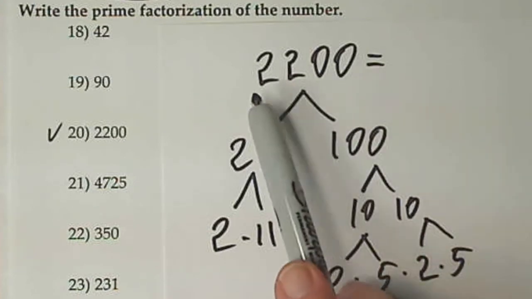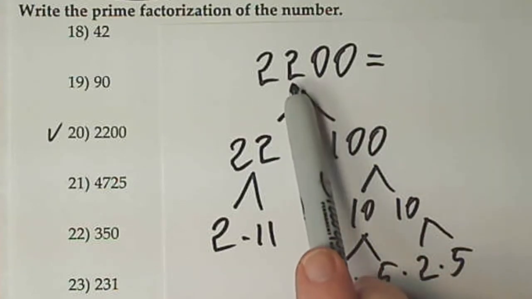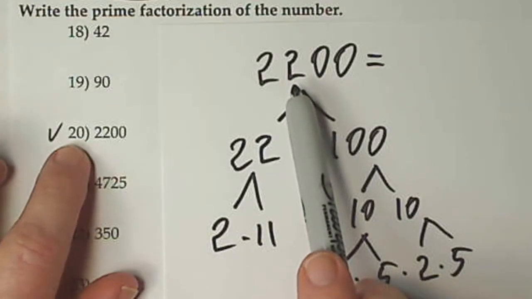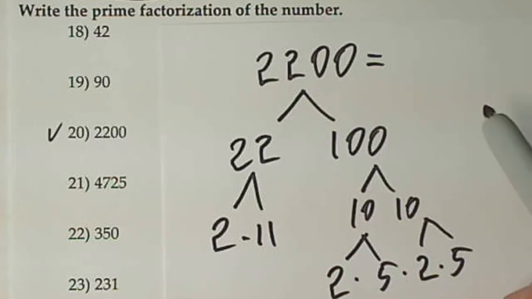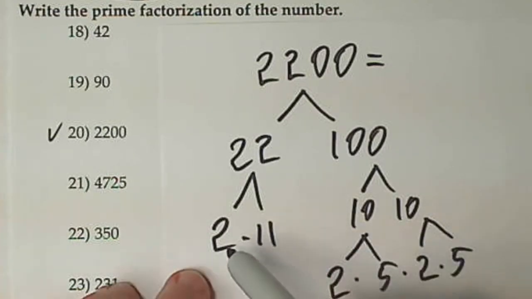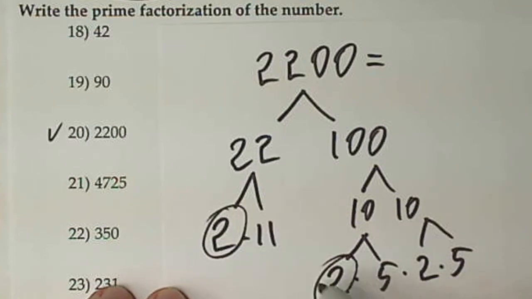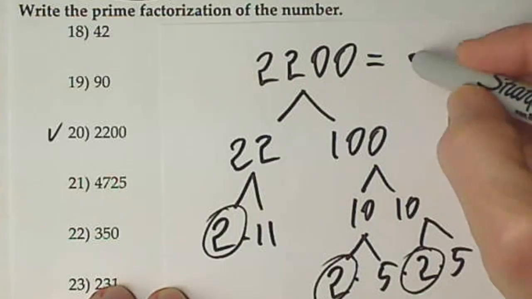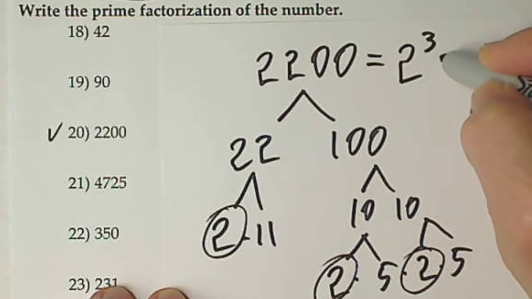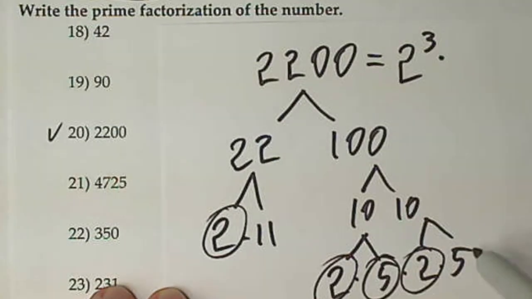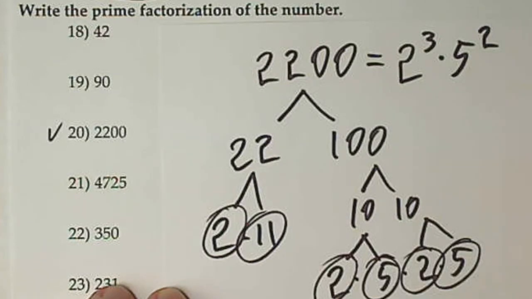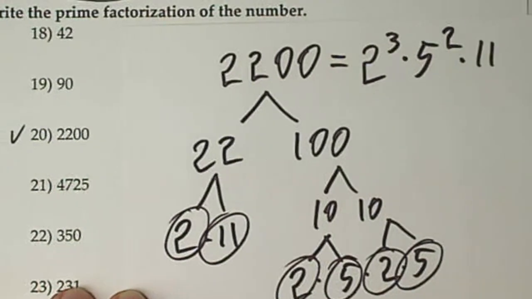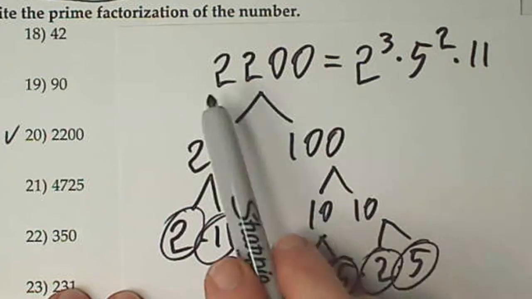The prime factorization of 2,200, it's for problem number 20, is 2 times 2 times 2, or 2 to the third, times 5 times 5, or 5 squared, times 11. Alright, so this is the prime factorization of 2,200.